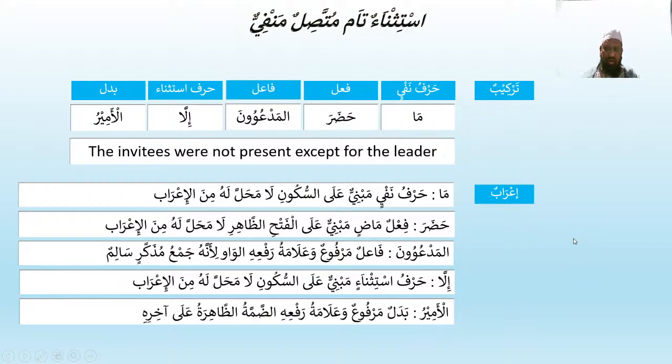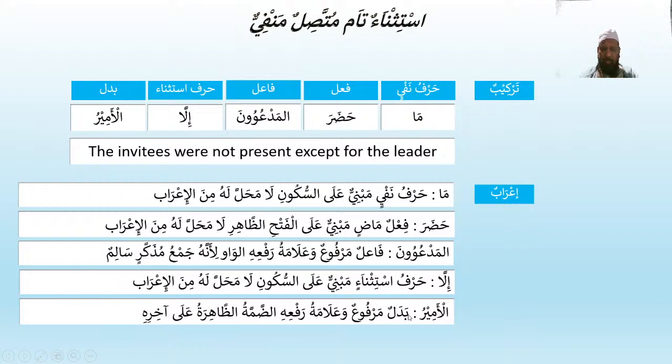Al-amiru badalun marfu'un وعلامة رفع الضمة الظاهرة وعلى آخره. If sometime the mustasna minhu is in mansub case and we also make the mustasna mansub case, in that case it is not mustasna, it is al-ittiba'.